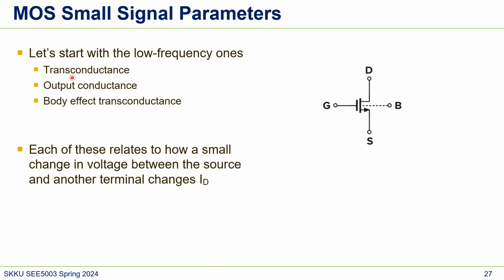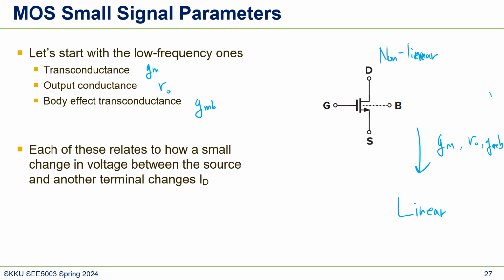The MOSFET will have these three components: we'll call this gm, this will be ro, and this will be gmb. We'll learn how they look. This non-linear MOSFET will be replaced with gm, ro, and gmb, and then it becomes linear. This is our goal.